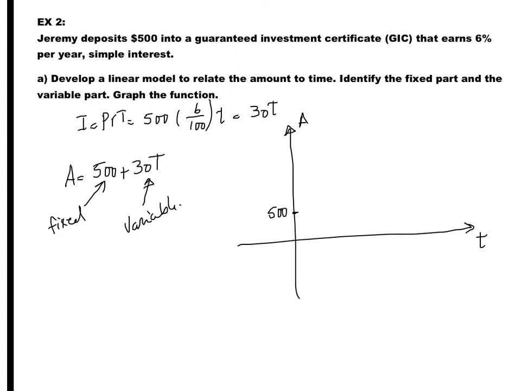Now we are going to give another point. Let's say when T is 1, meaning 1 year, then A is going to be 500 plus 30 times 1, which is going to be 530. Let's assume this is 530. Then if you connect these 2 points, you're going to get a linear graph like the one which is shown.